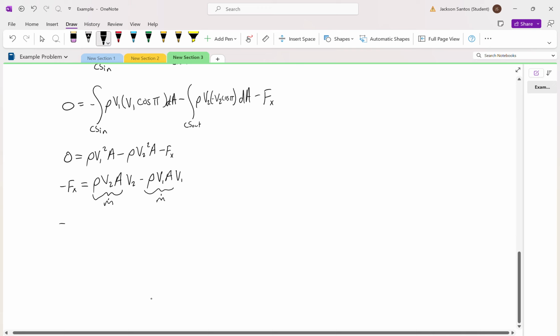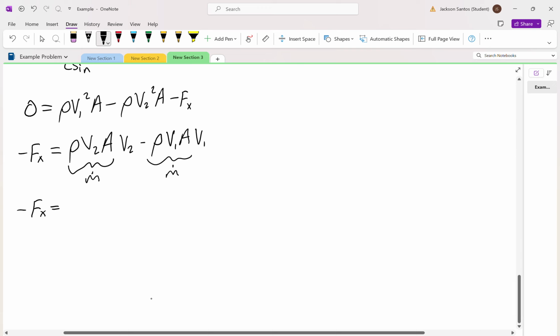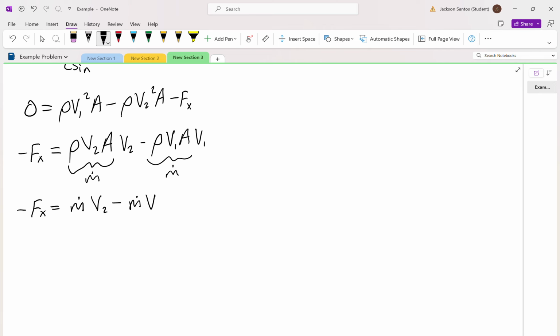So to rewrite this again, we're going to get negative f of x is going to equal the mass flow rate times v2 minus the mass flow rate times v1.